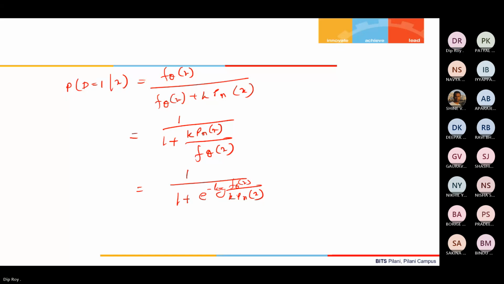All right. And ultimately, what you see is that this has taken the form of a sigmoid function or a logistic regression function.